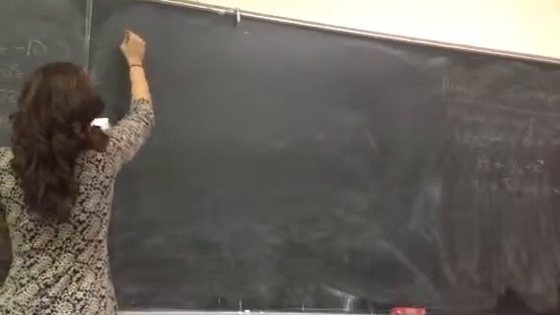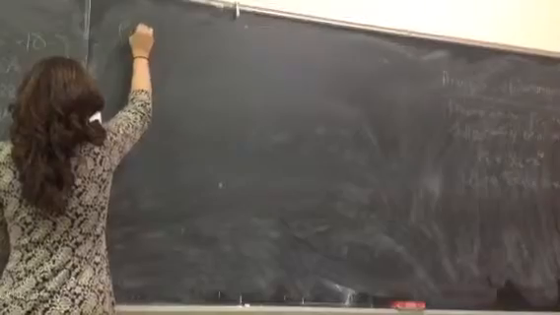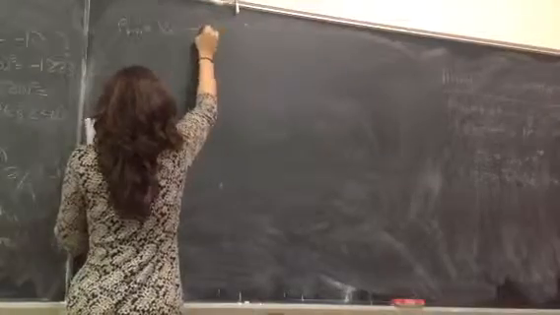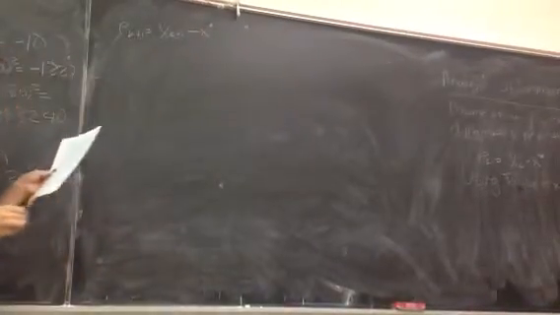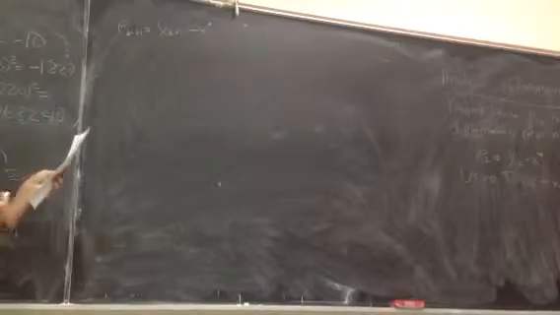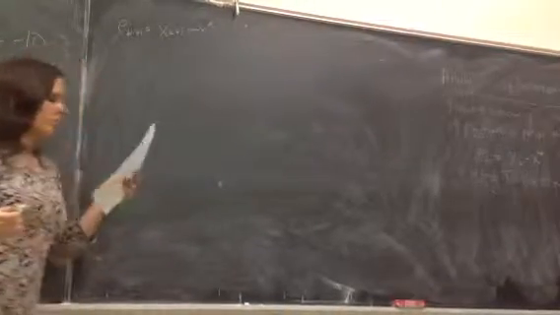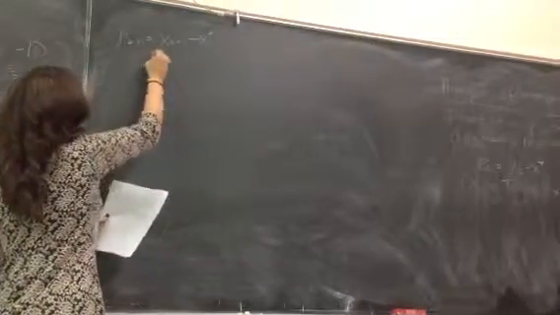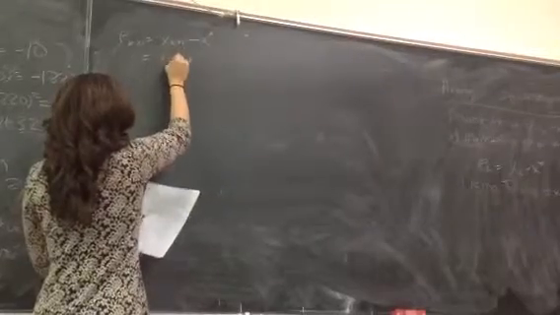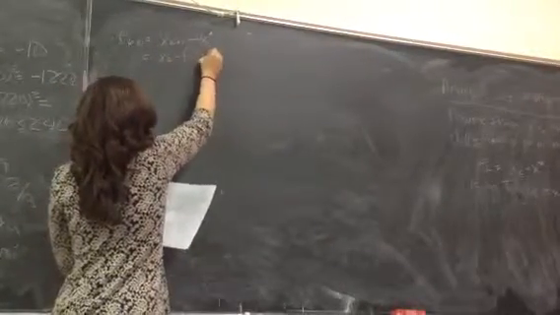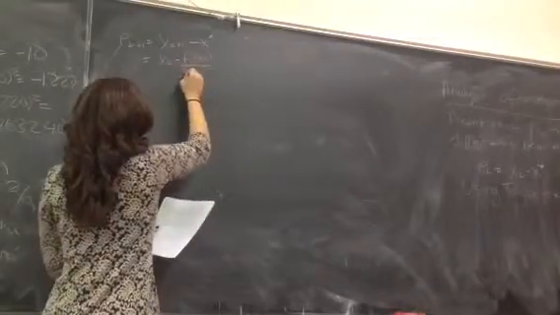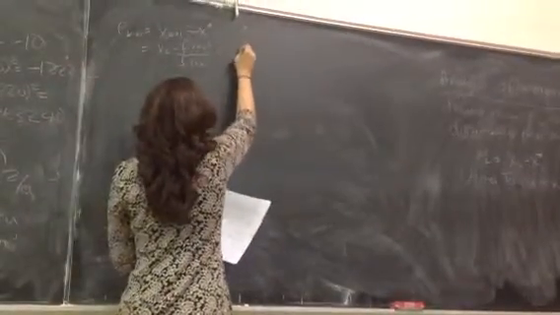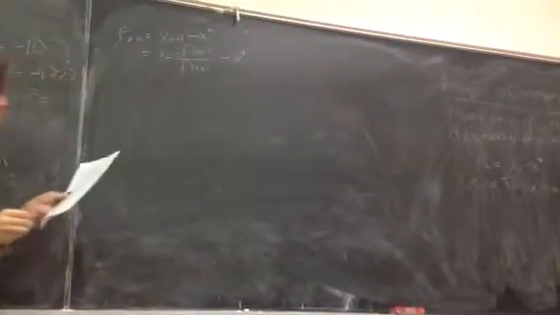So we start with e_{k+1}, x_{k+1} minus x star. Now we can plug in our expression for x_{k+1}, and x_{k+1} is x_k minus f of x_k divided by f prime of x_k, and then this is all minus x star.